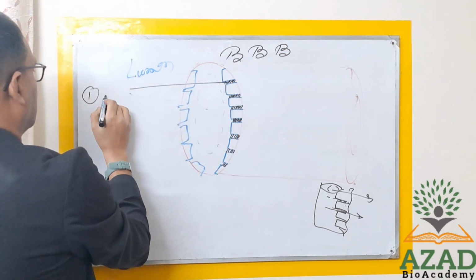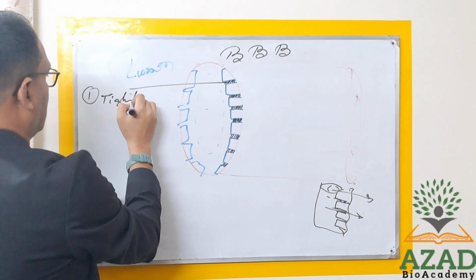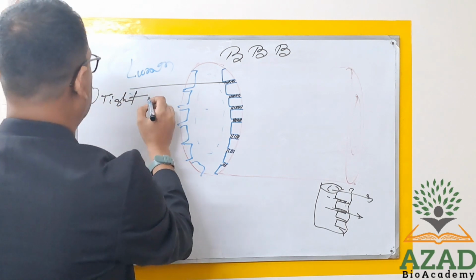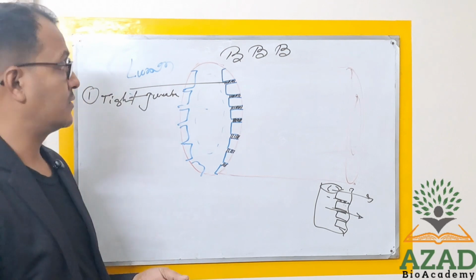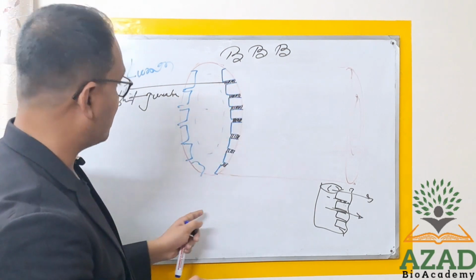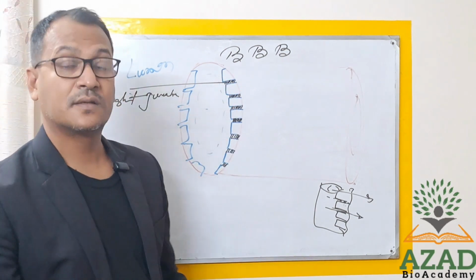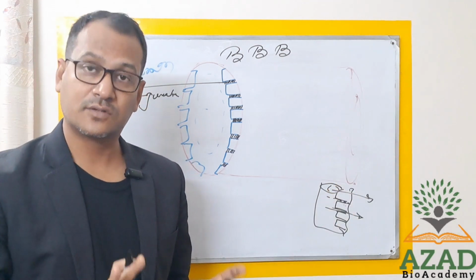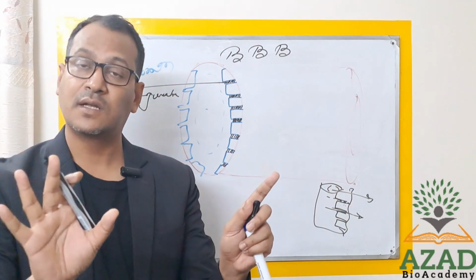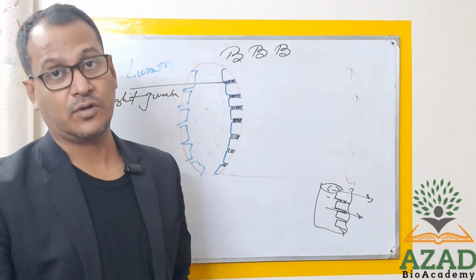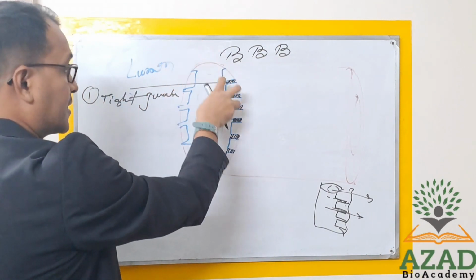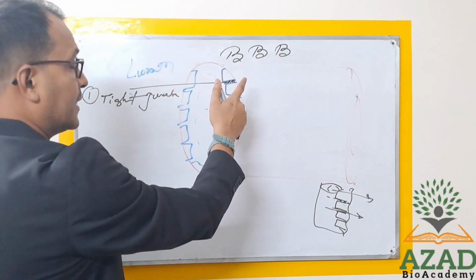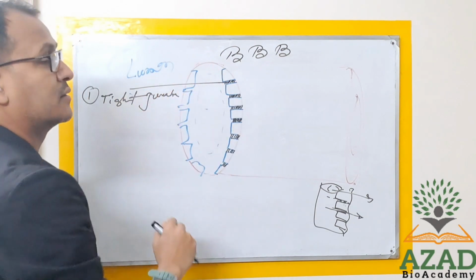Tight junction. Okay, so that type of tight junction is not present in the rest of the body. It is not present in the blood vessels of the rest of the body. So the unique character of the blood capillaries within the brain is tight junction.